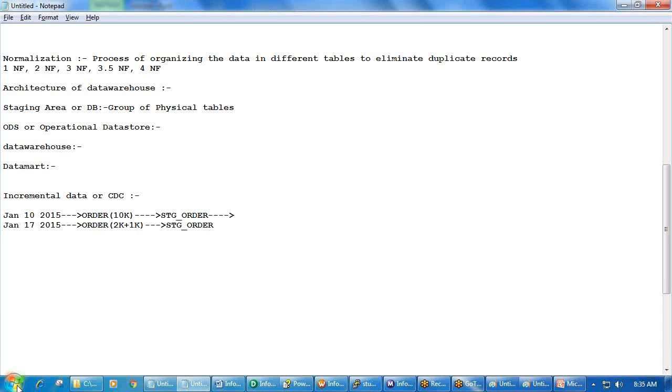Yes, 12K will be there in the order table. So are you interested in fetching all the 12K records, or is it enough if we fetch only these 3K records?